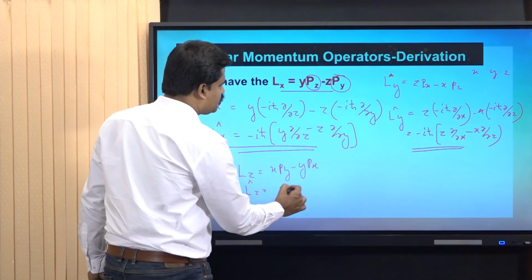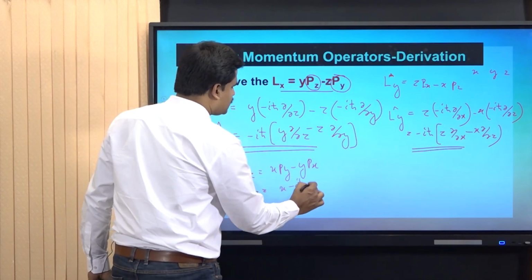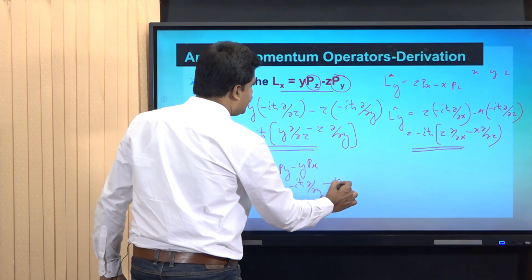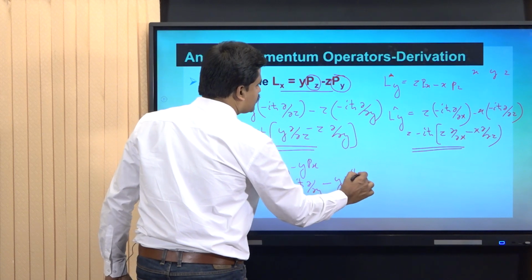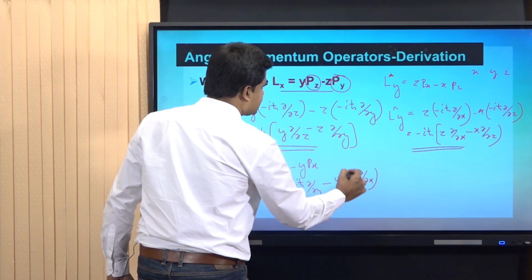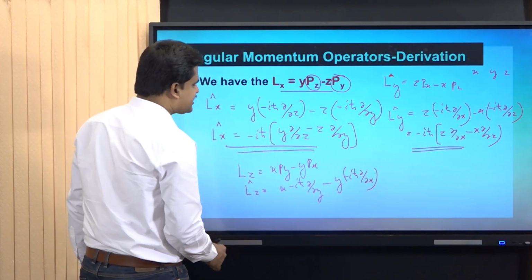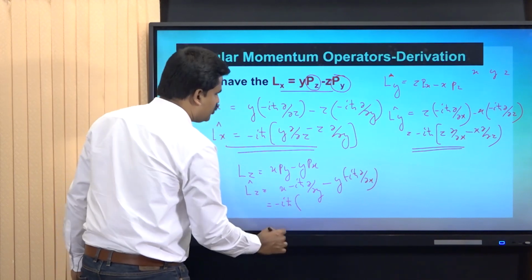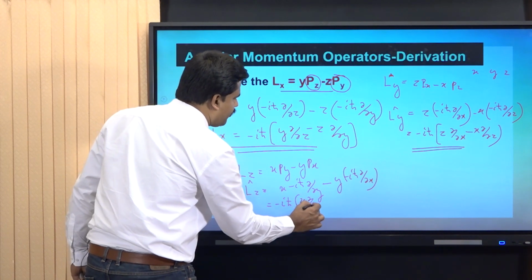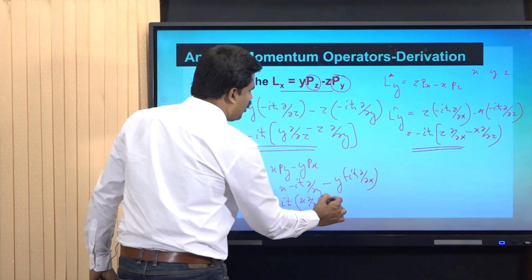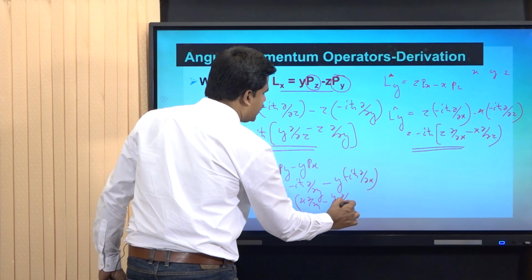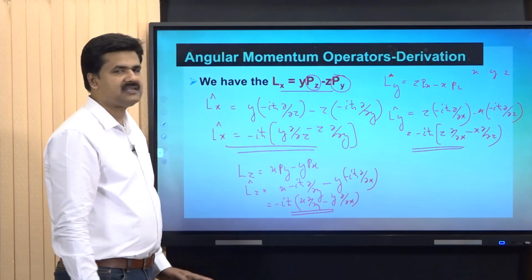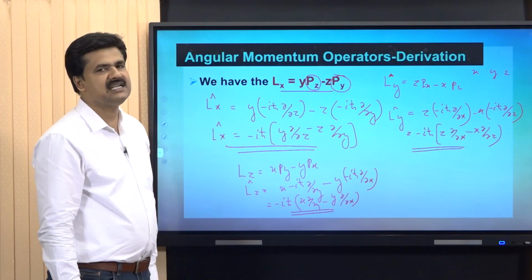That is x into minus iħ ∂/∂y minus y into minus iħ ∂/∂x. Taking minus iħ as common, minus iħ into x ∂/∂y minus y ∂/∂x. This is the angular momentum operator corresponding to the z direction.